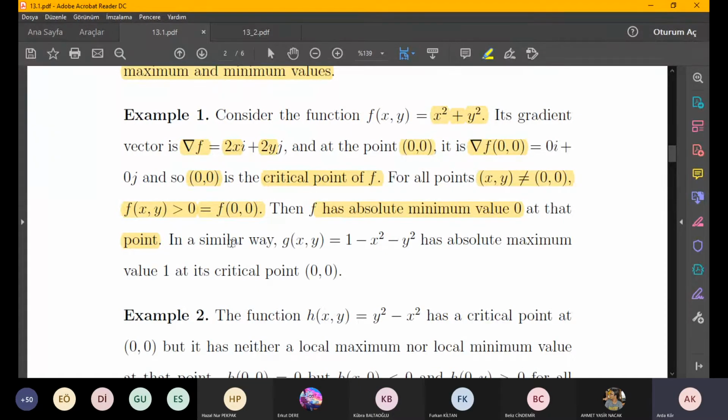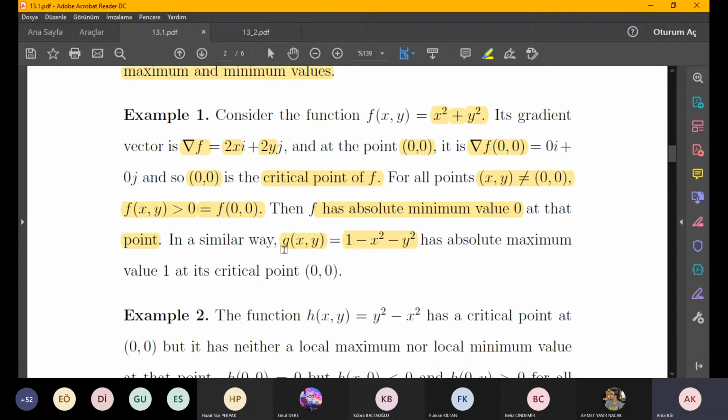And also for the second graph that we have seen, I will show those again: g(x,y) equals 1 minus x squared minus y squared. In the same way, if you take the gradient, the gradient of g will be minus 2x i minus 2y j, and you have the reverse behavior here for the function g.